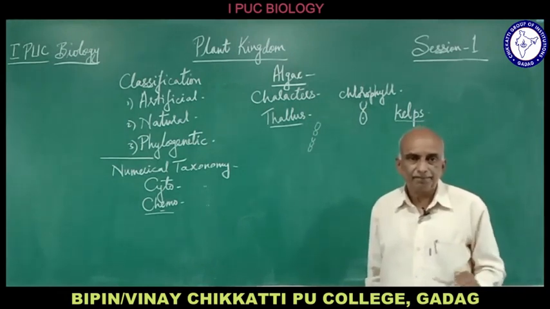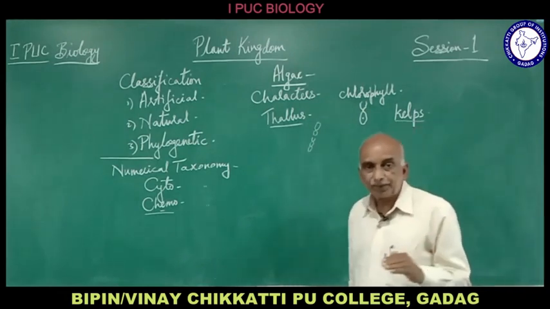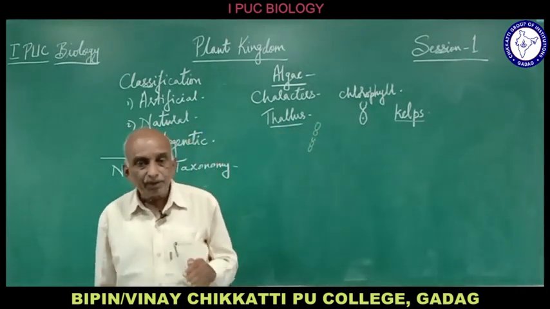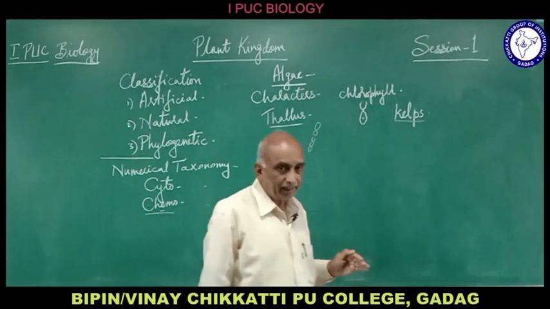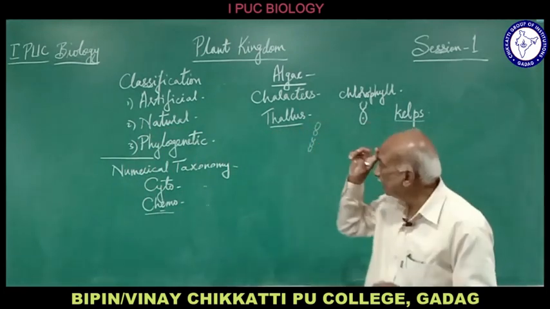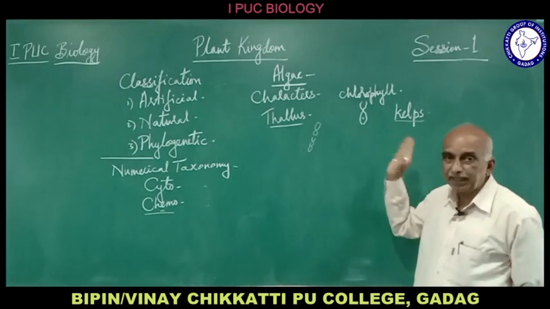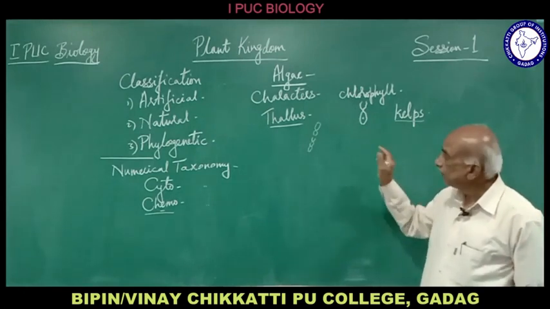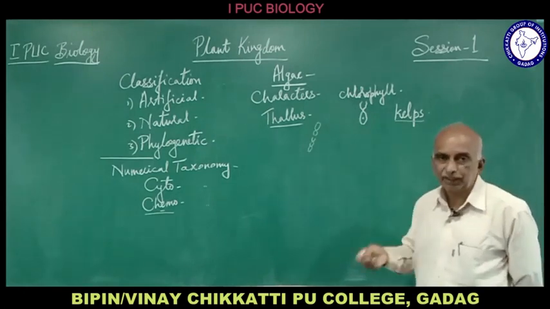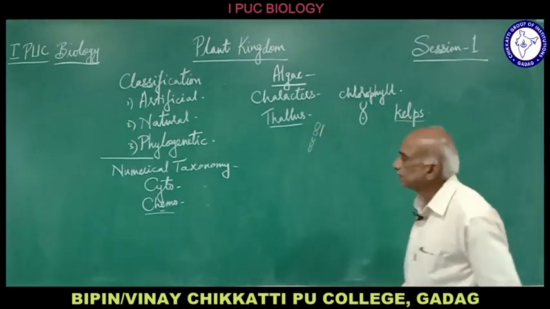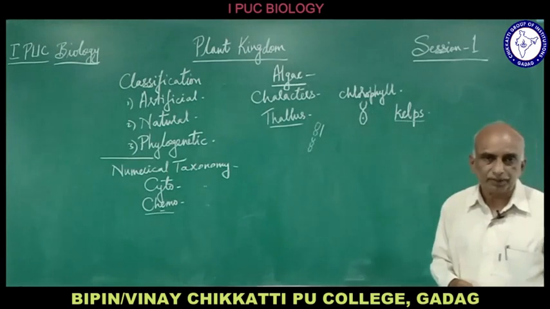It will not die. So that is called fragmentation. So when the algae filaments, or even in case of multicellular algae, a part of the algae is broken and separated into a fragment, each fragment is capable of growing into a new organism. So that is the vegetative method of reproduction.